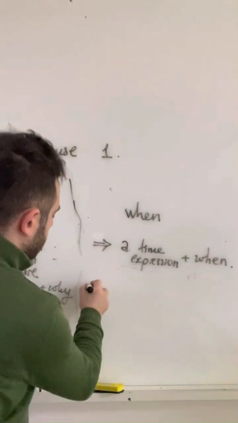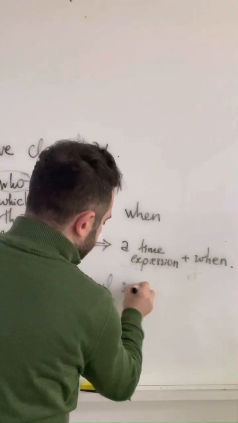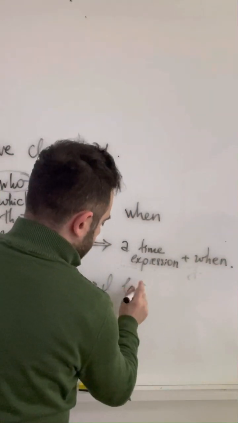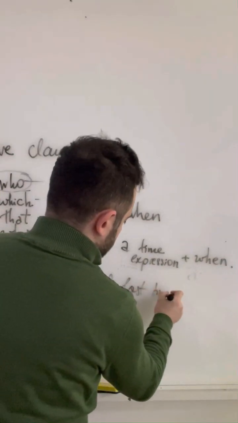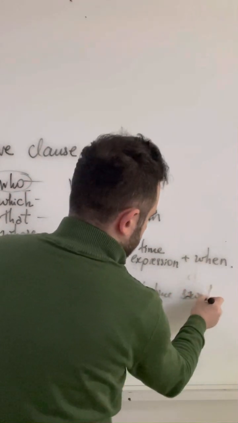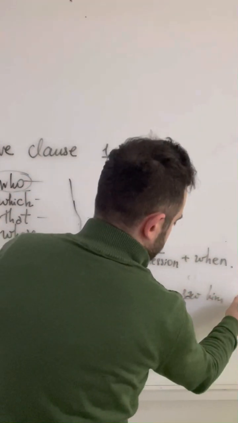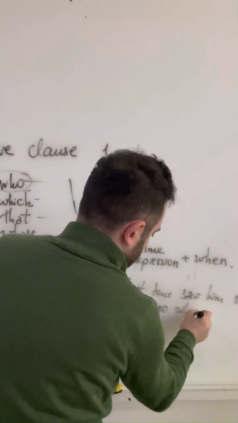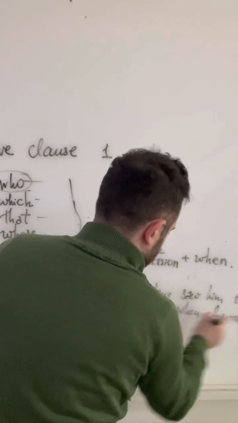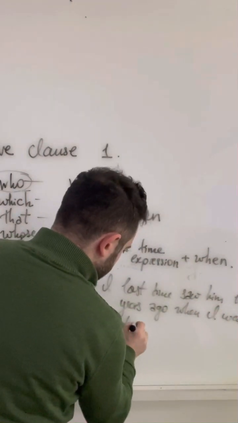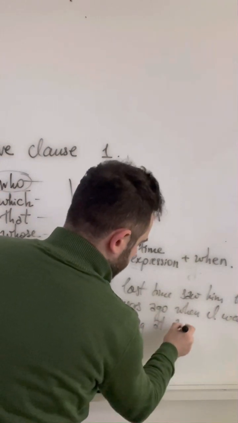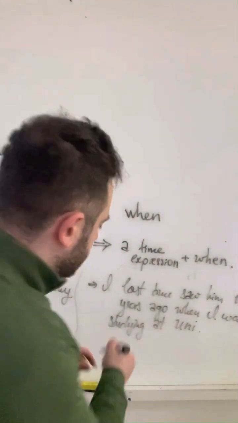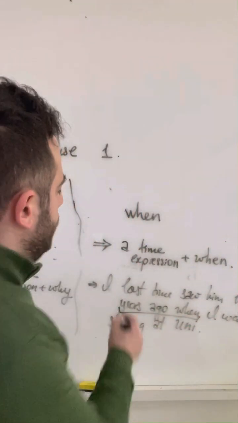For example, I saw him last time, or we can also use last time. I saw him 10 years ago, when I was studying at university. So here, look, it's a time expression and we use when. Time expression plus when. This is the structure for when.